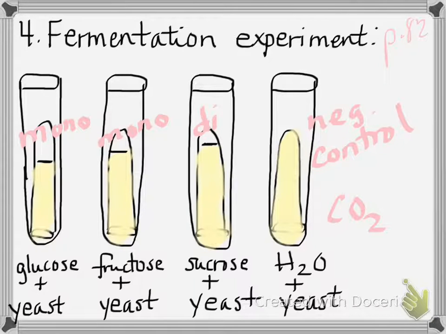Now, I might be wrong, but was fructose first place, glucose second place, and sucrose third place? That's how it was? Okay. Now, glucose and fructose usually do pretty well. Sucrose, I think, did okay that day also.